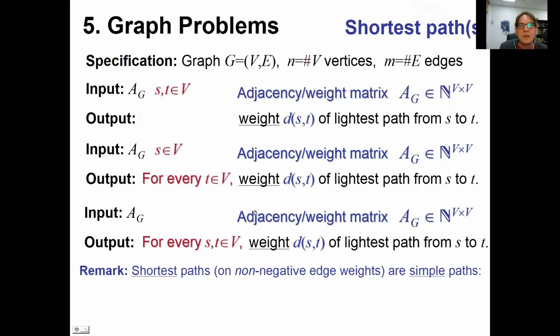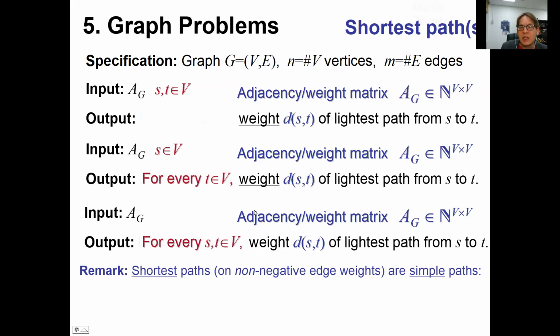Negative edge weights can lead to some paradoxical cases, namely negative cycles. That is a cycle in a graph which, when traversed, actually results in less weight. That's a paradoxical thing.